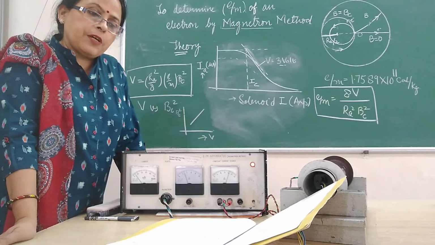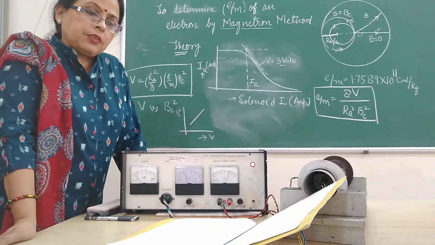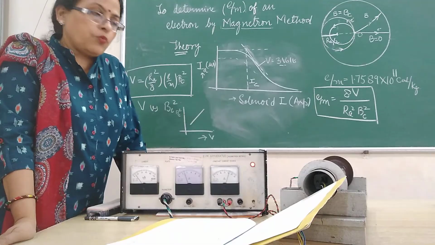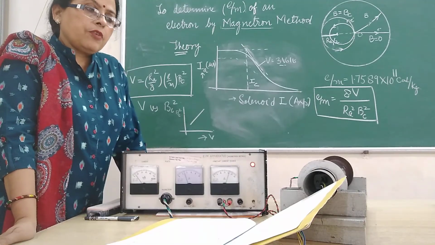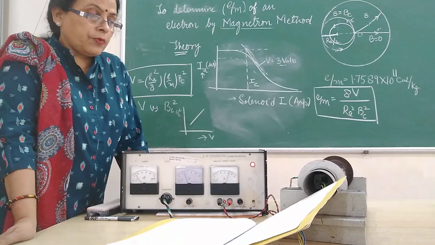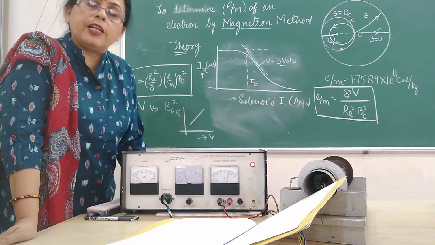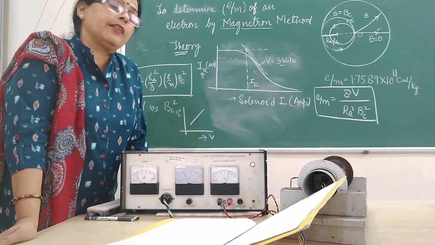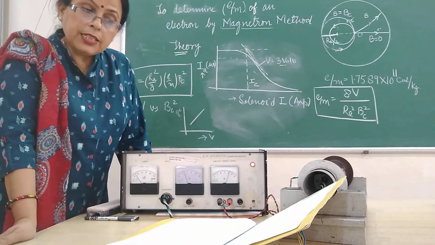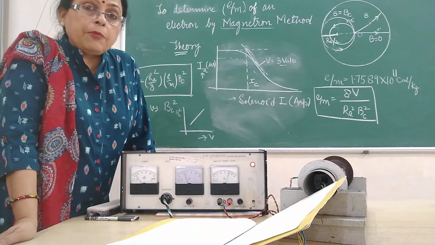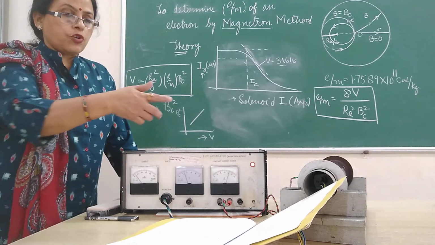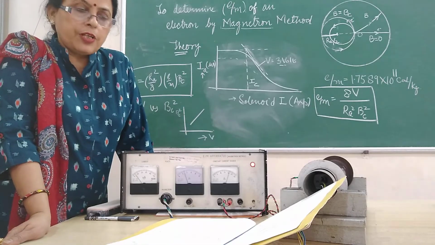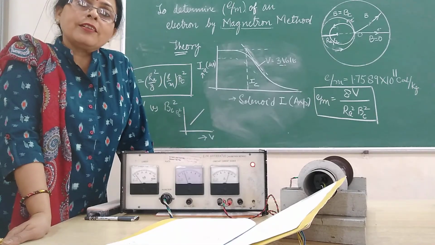It is all about the experiment. The one precaution we must keep while performing this experiment is that there should be no magnetic fields around. It should not be under the influence of any other magnetic field. Secondly, all other magnetic material should be kept away from this place, and obviously the readings should be taken with utmost care.